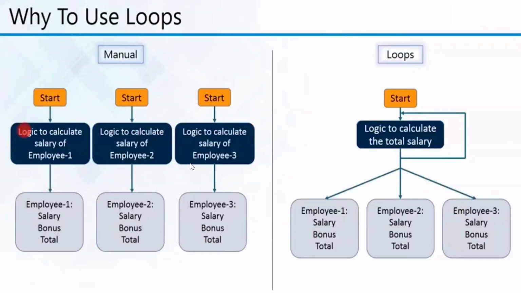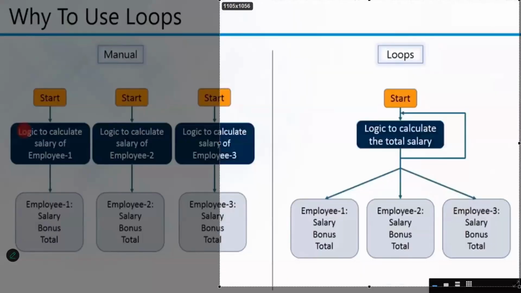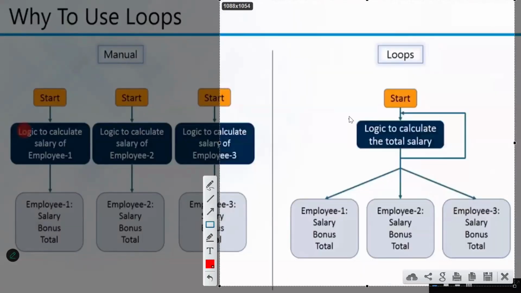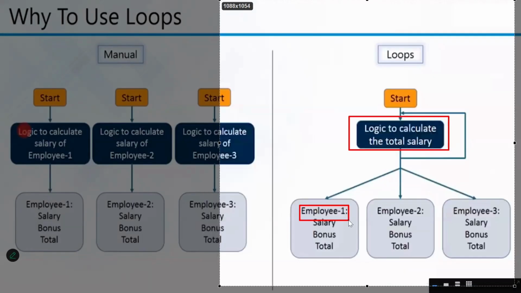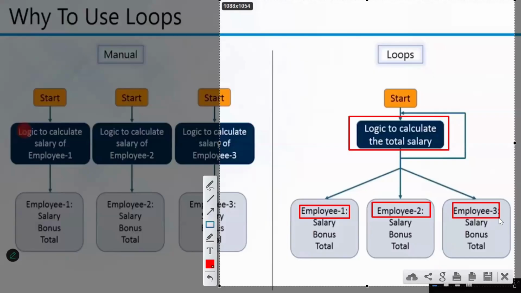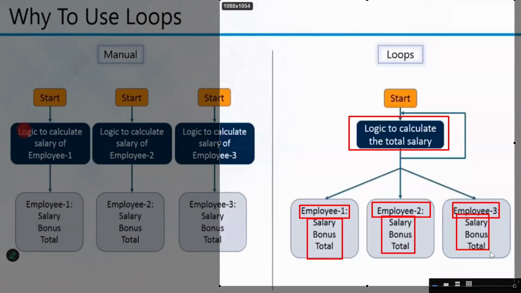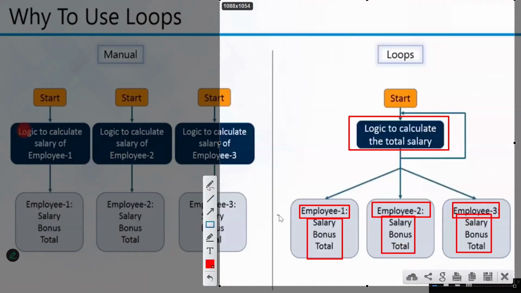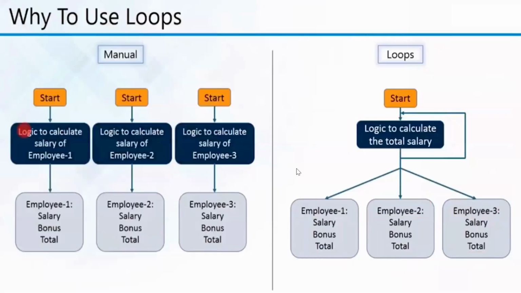Instead of calculating salary for employee one, employee two, employee three and all, taking 1,000 employees and calculating for each and every employee, what we write is the logic of how to calculate the salary. And that logic is implemented for each and every employee. Employee one, we implement that logic. Employee two, we implement that logic. Employee three, we implement that logic. So we implement this logic to each and every employee to calculate the salary. So that is a loop.